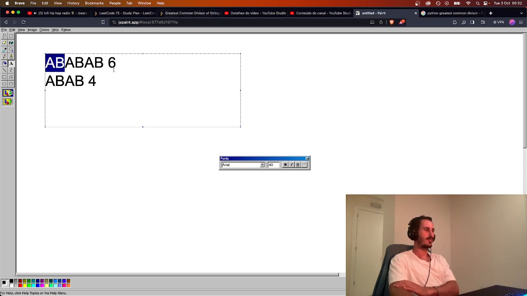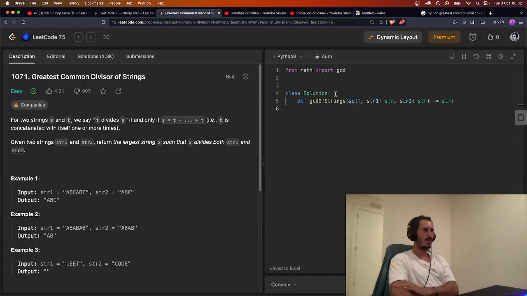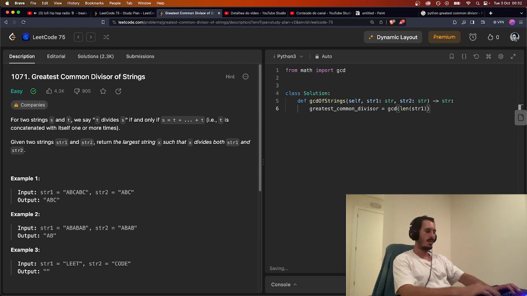So first of all, let's find the greatest common divisor. Greatest common divisor equals GCD, this is from the math module, of length of string 1 and length of string 2.